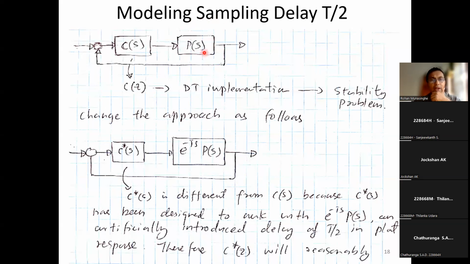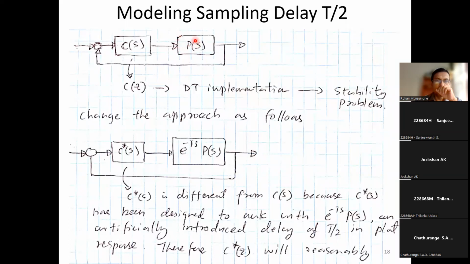So let's say you have a plant P(s) and you have the controller C(s). And then what you do is, as I already explained, you convert the C(s) into C(z), but P(s) stays the same. But later, we added a zero-order hold equivalent of this one.